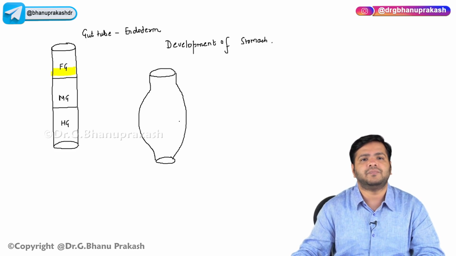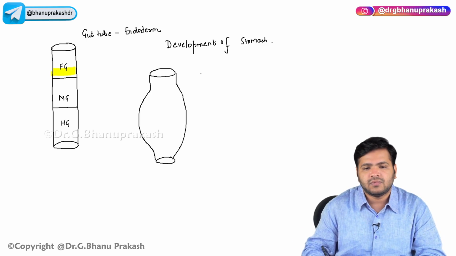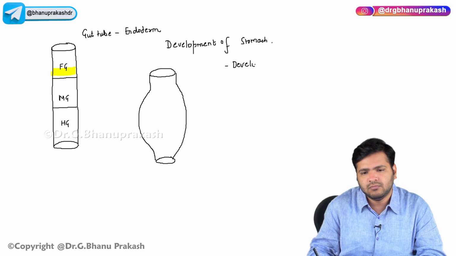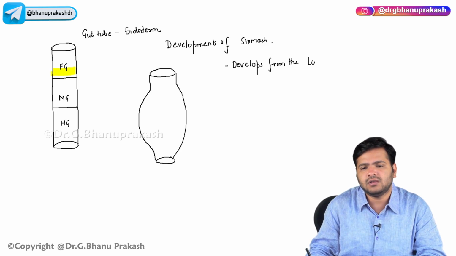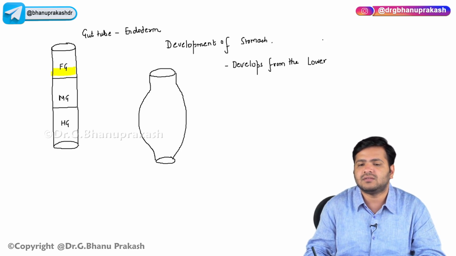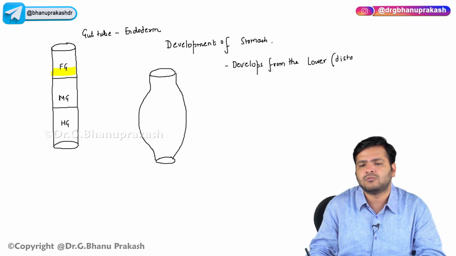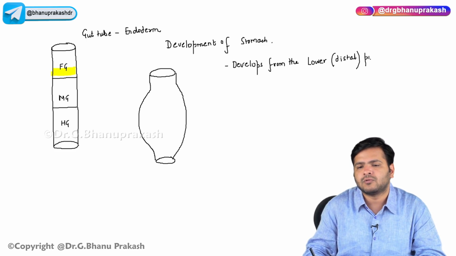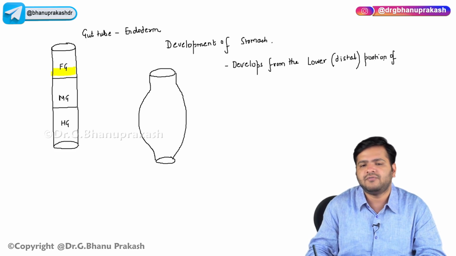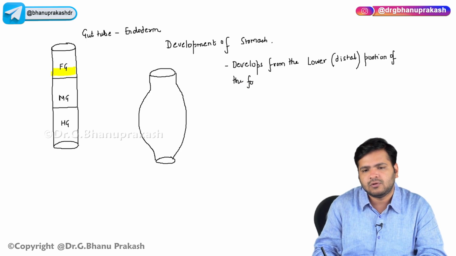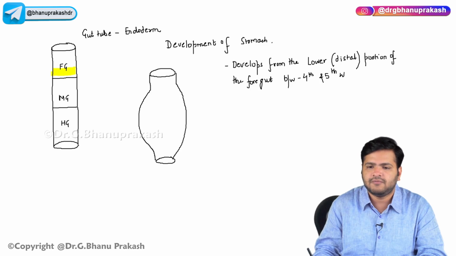So the stomach develops from the lower, or distal, portion of the foregut, between the fourth and fifth week.